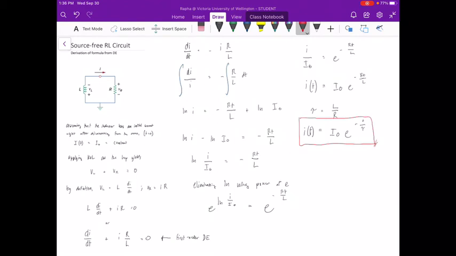So what you just need to do is substitute the given in this formula in order to obtain the equation of I as a function, or current as a function of time.